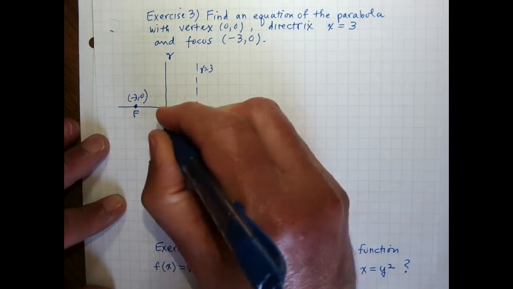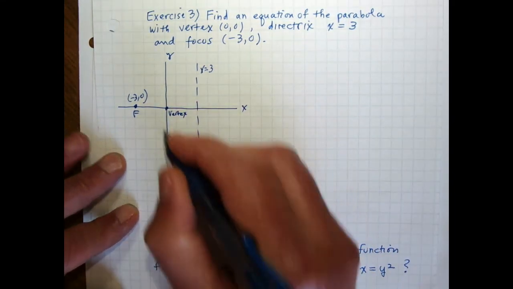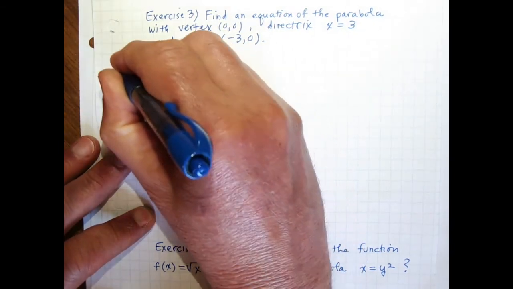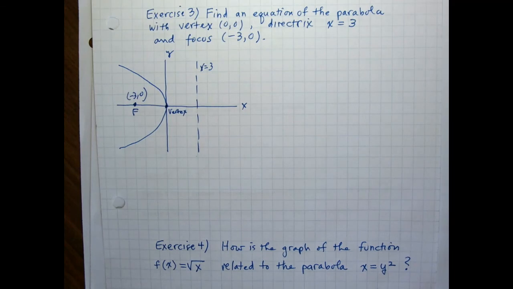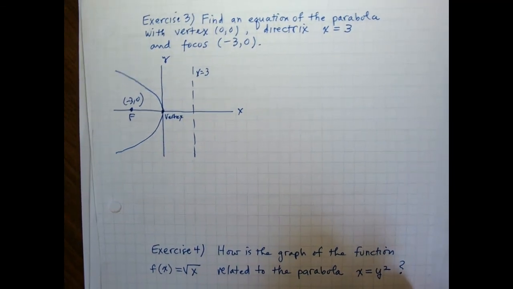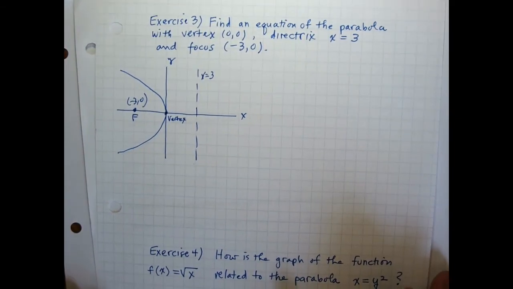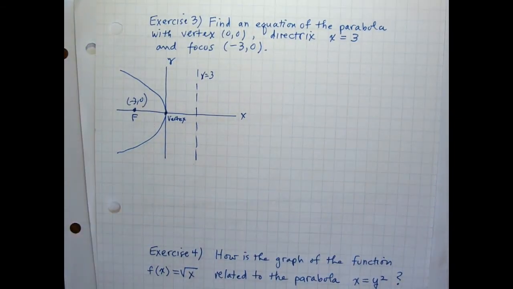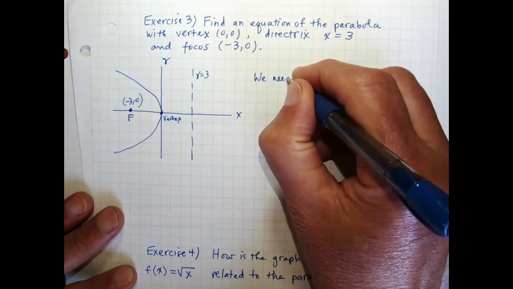Now remember, my vertex is right there, for all of these at 0, 0. The graph is always going to curve around the focus. So I actually can draw a graph based on this description, but we want an equation.